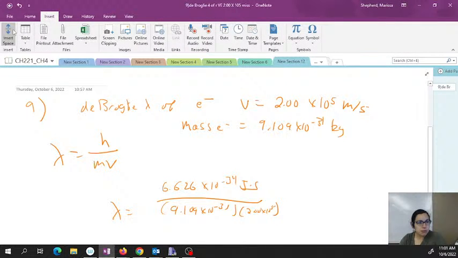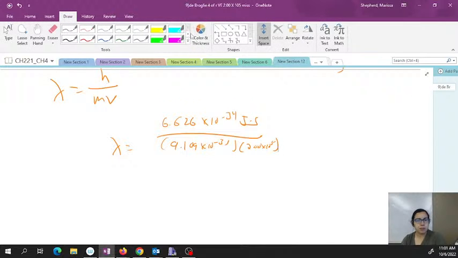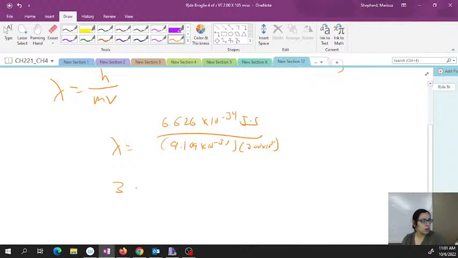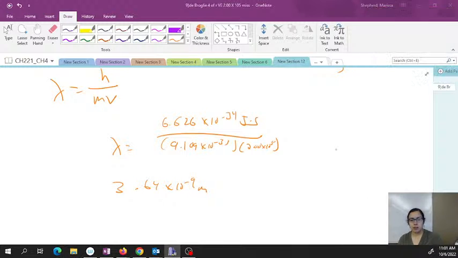And so they didn't specify units, so we could leave it in these units. So 3.64 times 10 to the negative 9 meters, or convert it, so just multiply it to give you 3.64 nanometers as well.